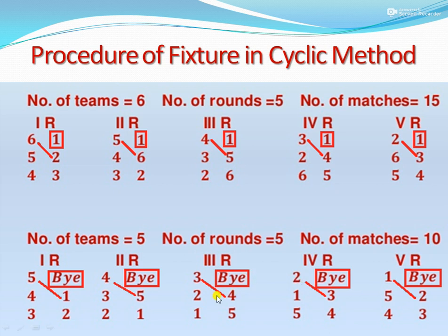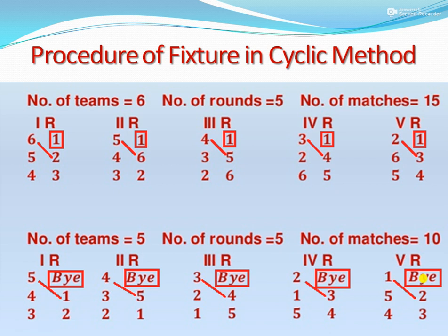In the first round we fix the bye here because we don't have a pair, as we have an odd number of teams. We fix the bye on the top of the right hand side, then write the other teams in clockwise manner. In the next round we rotate the other teams clockwise, 4 and 5 will shift here, with the bye staying fixed. In this manner we complete our third, fourth, and fifth rounds.